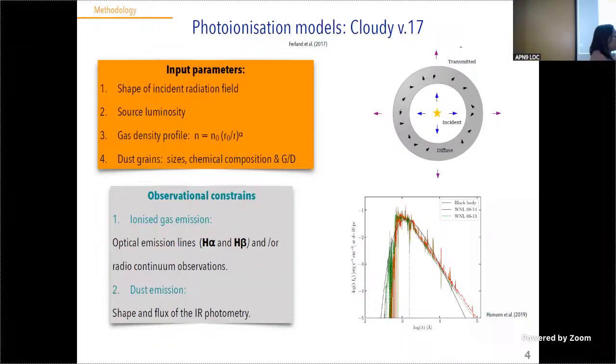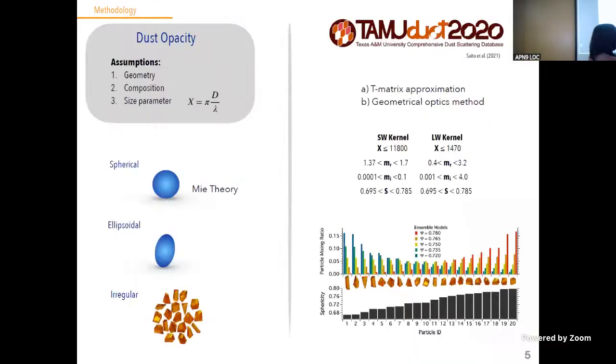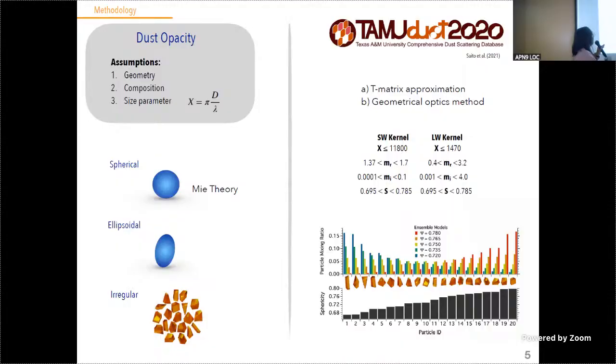So we are considering the most realistic parameters in order to model these objects, while also forgetting some assumptions about the dust opacity. Cloudy is using the dust opacity considering different assumptions such as the geometry, composition, and the size parameter.